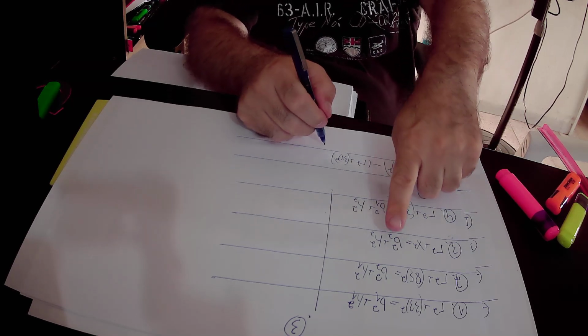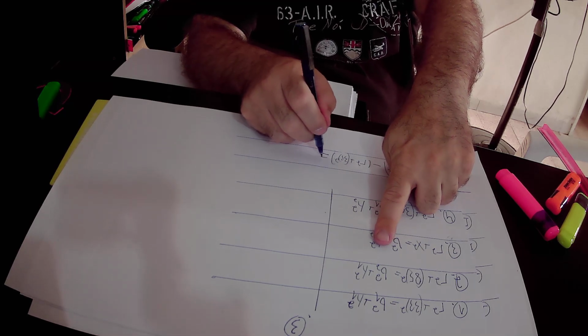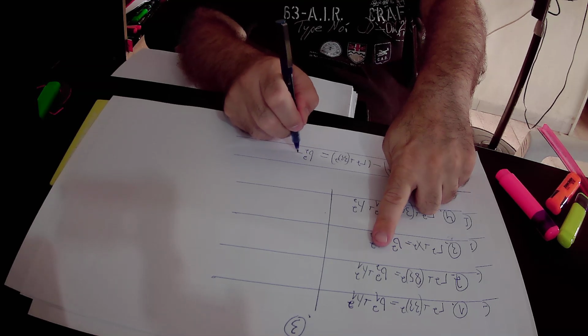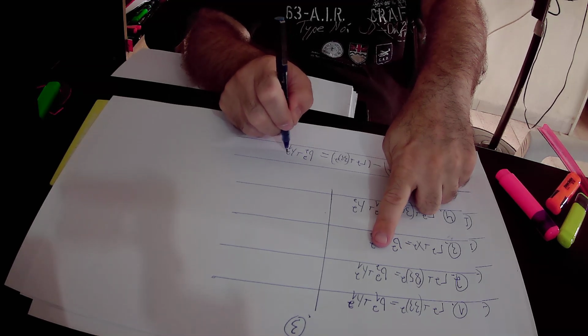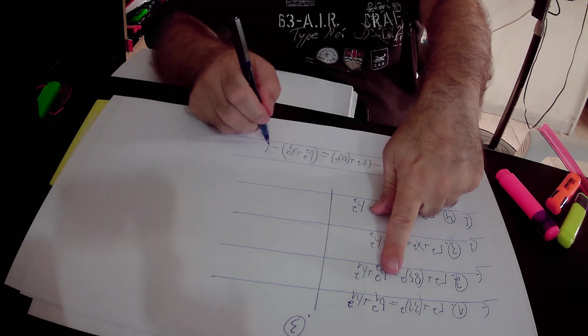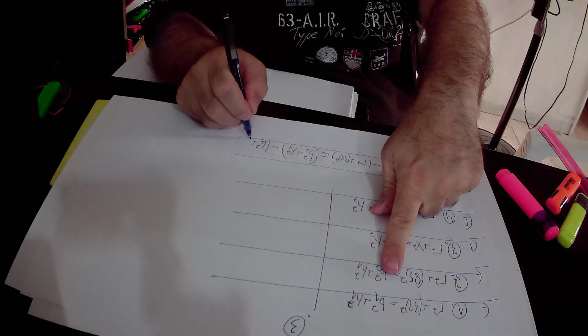On the other side, equation number 2 is equal to b2 square plus h1 square, minus equation number 1, here we have minus b1 square plus h1 square.